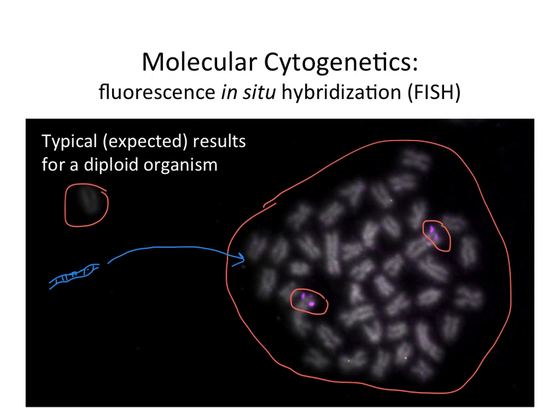So now we know that these two are homologs. And so hopefully you can see this makes creating karyograms a lot easier. If you have one probe for every chromosome, then you can do a fluorescence in situ hybridization or FISH experiment and tell, out of all of these chromosomes that basically look like they're almost the same shape and size, which ones are the homologous pairs.